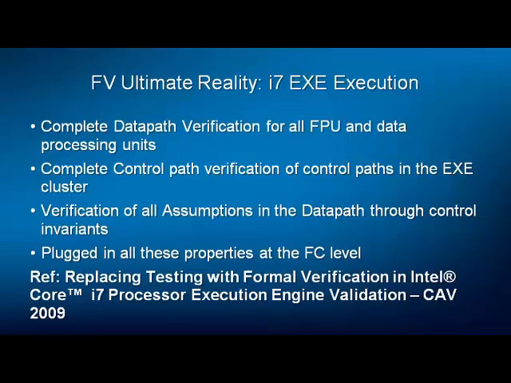A typical processor would have at least 10 to 12 decent size bugs escape, but in i7 there was only one bug that escaped through the whole verification. So these are plugged in at the full chip level, and there are checks at every level to make sure that we are not missing any holes in the whole operation.